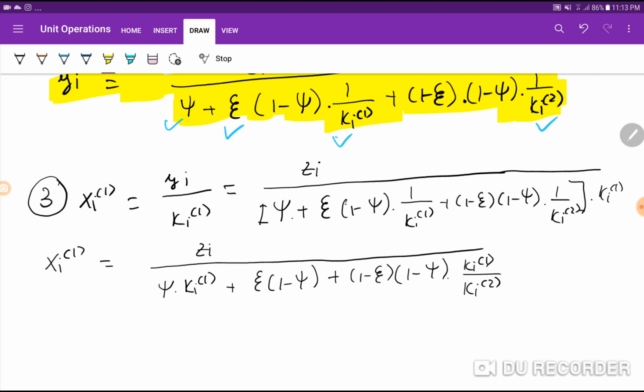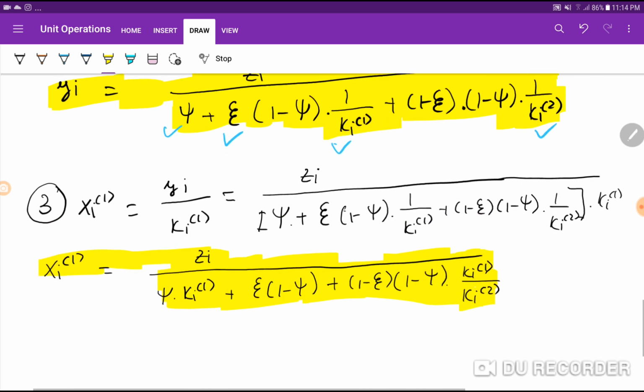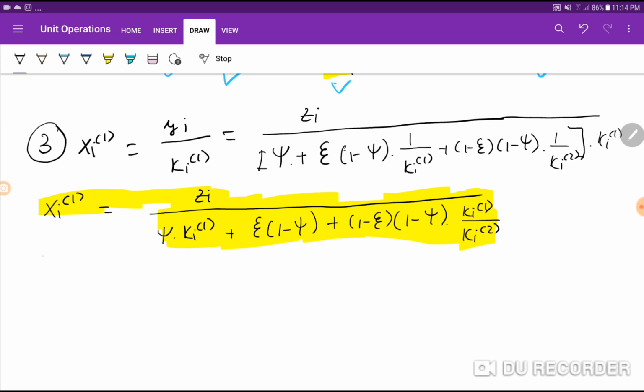Okay, this is our xi1. Highlight it. Finally, in a nice and clean expression. Okay, cool.